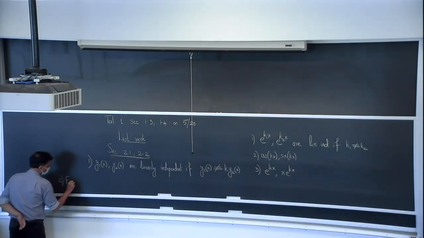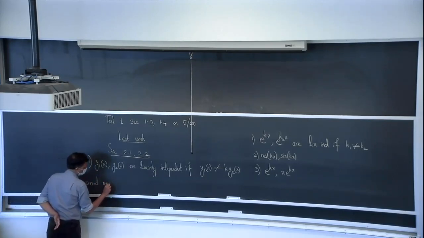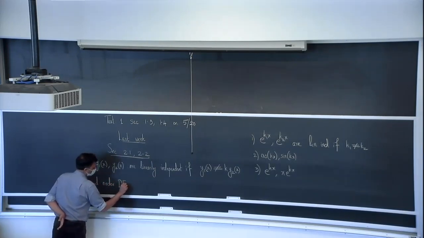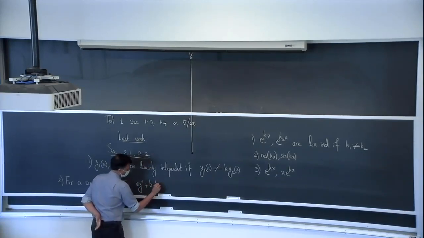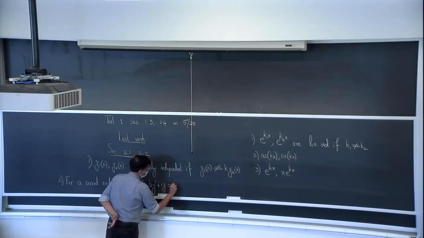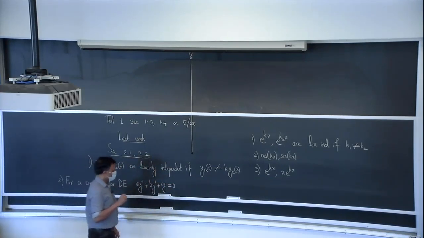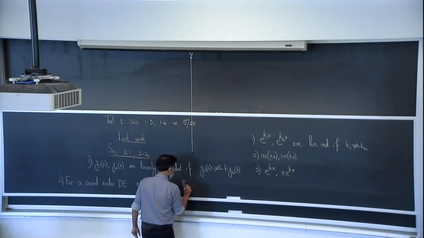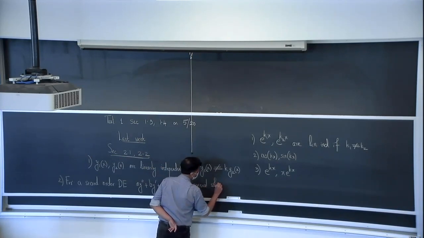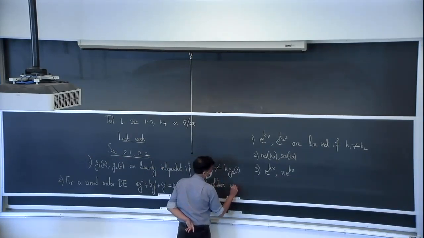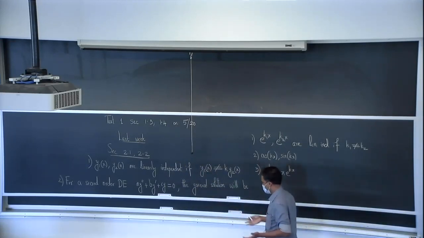And if you have two of these, then for a second order differential equation of this form, a y double prime plus b y prime plus c y equal to 0, where equal to 0 means it's a homogeneous differential equation, the general solution could be written as, again, it's general because you have a bunch of constants which we don't know what they are.